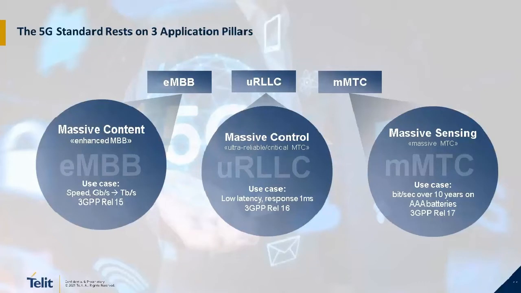And then finally, the third one is massive machine type communications, that's mMTC. What it means is that in 5G, there are provisions to have machines scale up to many thousands of nodes on the network. However, their overhead will be much lower so that they can conserve their battery and have longer life.